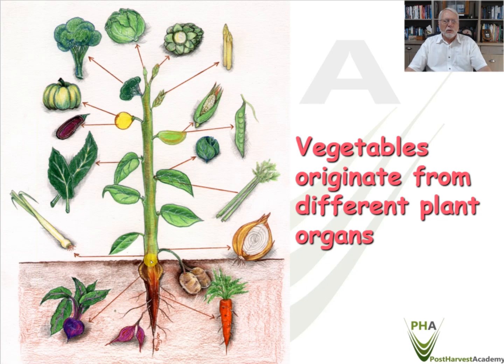Beetroot develops from this part of the plant known as the hypocotyl, and leeks develop from this part, also a shortened stem with the roots attached to it and the leaves that are then folded to produce the plant.